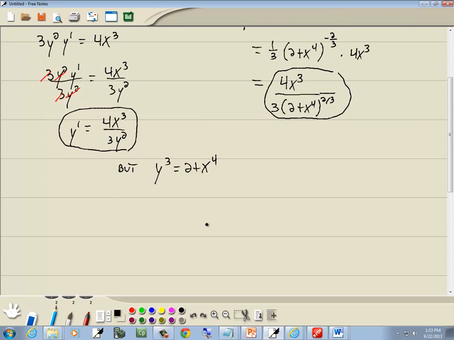What I could do is solve that for y, which I did up above. So take both sides to the 1/3 power, and we'd have 2 plus x to the fourth to the 1/3. We could then continue on, simplifying: put 4x to the third, and down below we'd have 3 times y squared. Well, y we just said was this, so let me plug that in: 2 plus x to the fourth to the 1/3, squared.